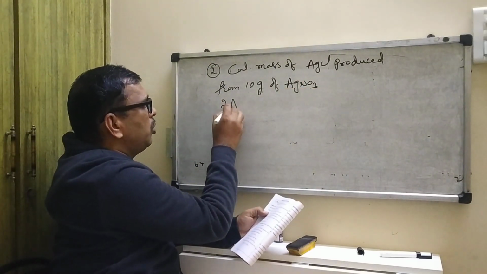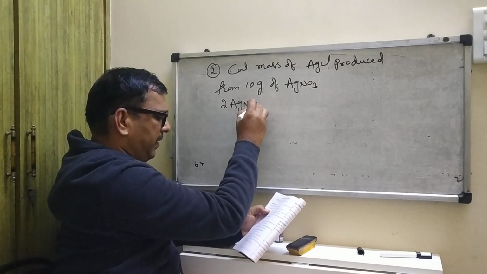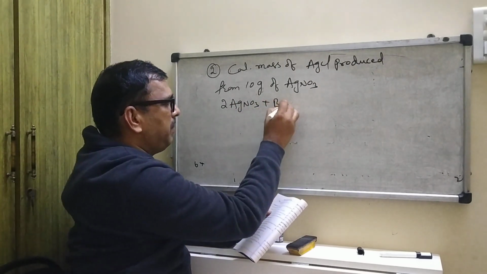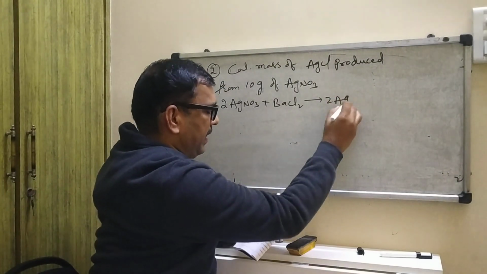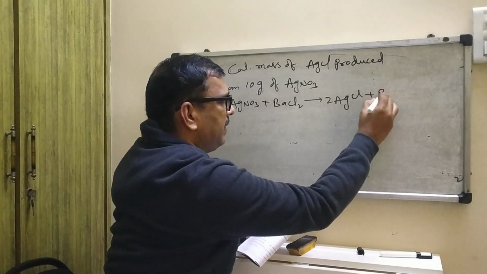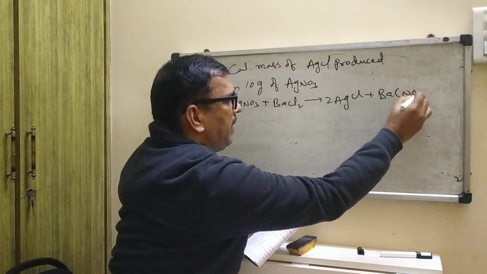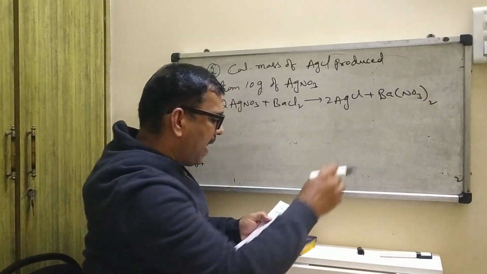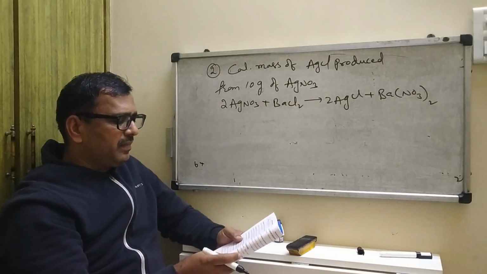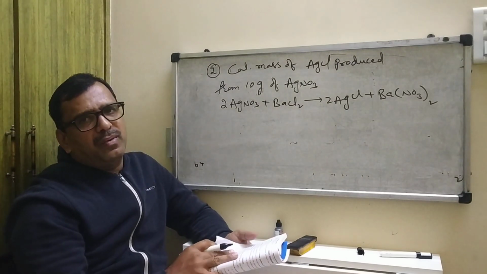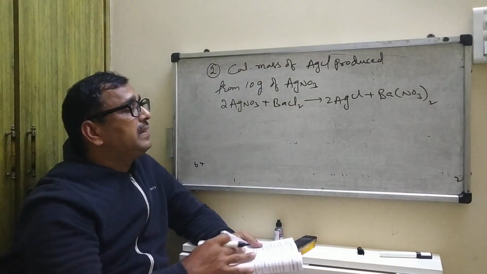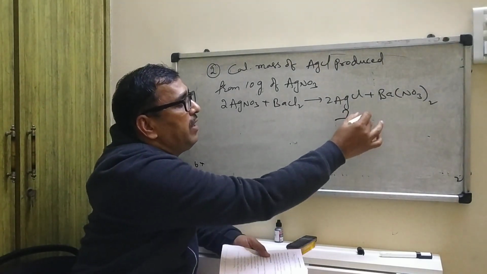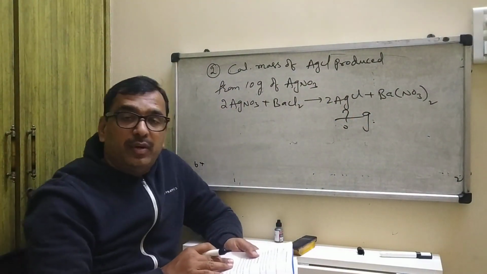So 2 moles of AgNO3 plus barium chloride gives rise to 2 AgCl plus barium nitrate. You balance this reaction and do the problem. So here calculate the mass.